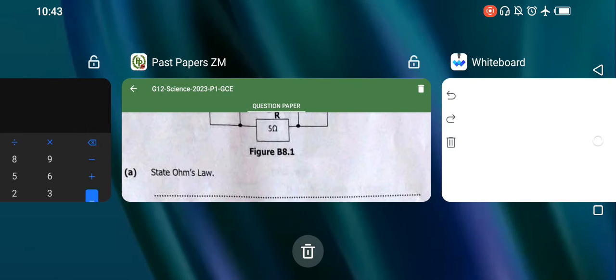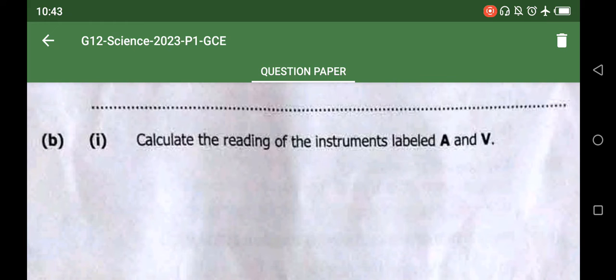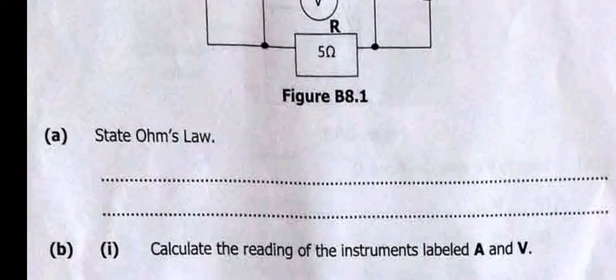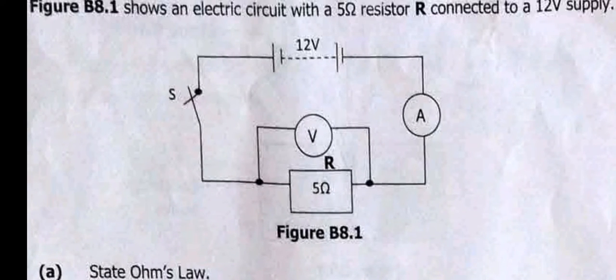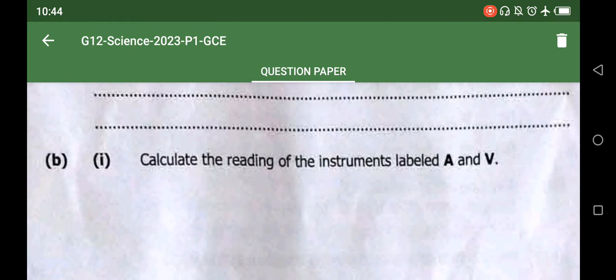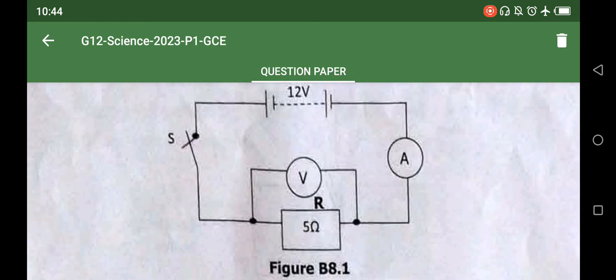Okay, the second question, B1, says calculate the reading of the instruments labeled A and V. So what are those instruments? The instrument A is the ammeter, while V is a voltmeter. Now we have to calculate the readings.